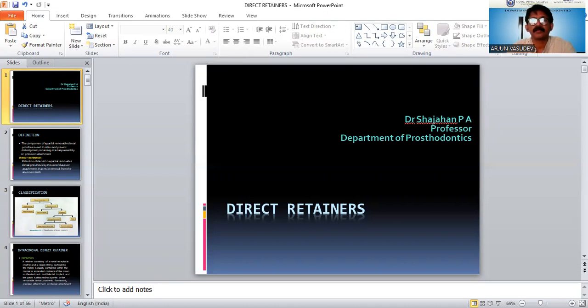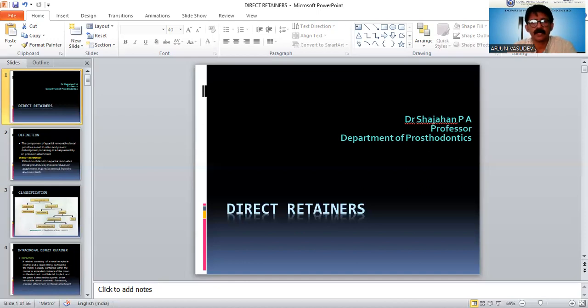Clasps can be broadly classified into circumferential clasps and bar clasps. A circumferential clasp is the clasp which approaches the crown from above, and bar clasps are the clasps whose component approaches from the gingival. So it is known as bar clasp.